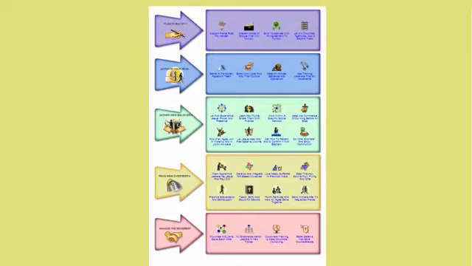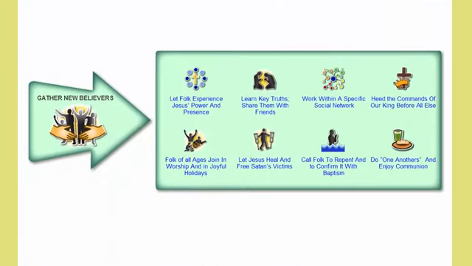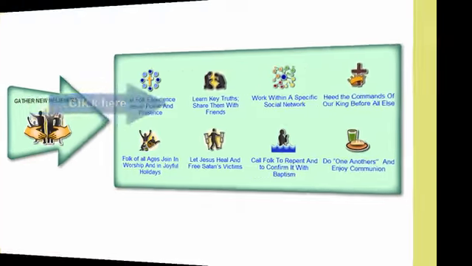How can we help them experience the reality of Jesus in their midst?" In this case, you would come to the 3rd phase, Gather New Believers. Then look over the available activities. In this case, we would click on the activity labeled Let Folk Experience Jesus' Power and Presence. So click on the activity.